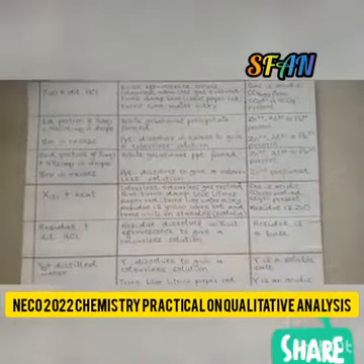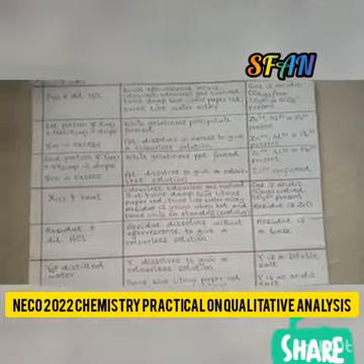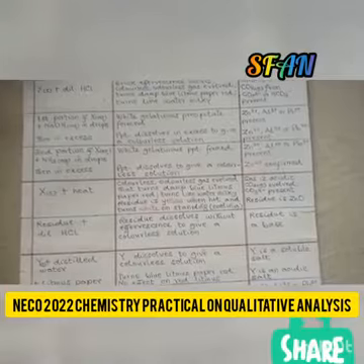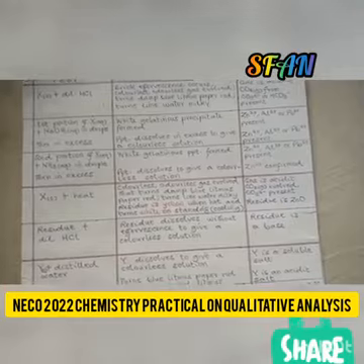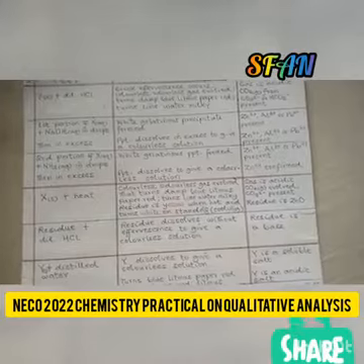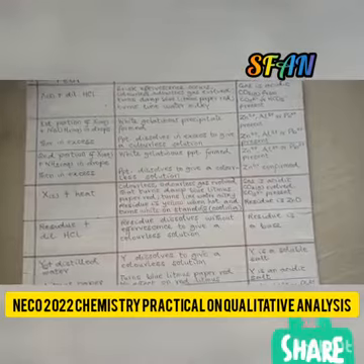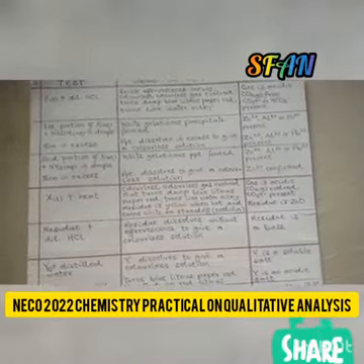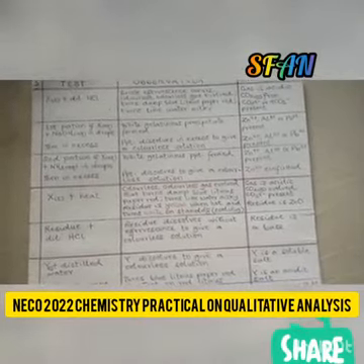Then you might also be asked to heat X. And when you heat X, you notice that a colorless, odorless gas is evolved that turns blue litmus paper red and turns lime water milky. And then you notice that the residue is yellow when hot and turns white on cooling. Your inference will be that the gas is acidic, that carbon dioxide gas is evolved and CO₃²⁻ is present, and that the residue is zinc oxide.